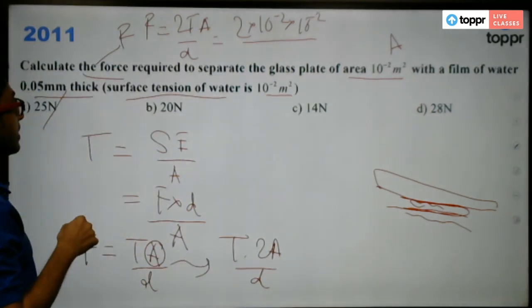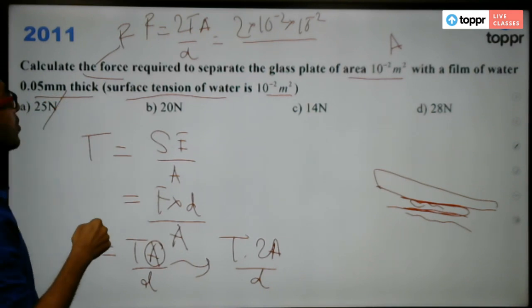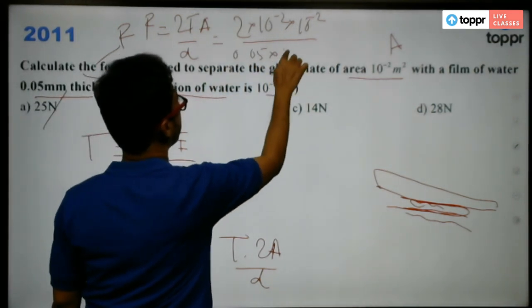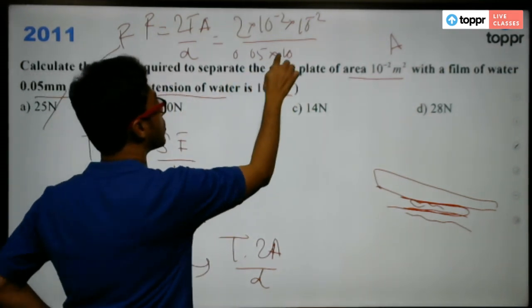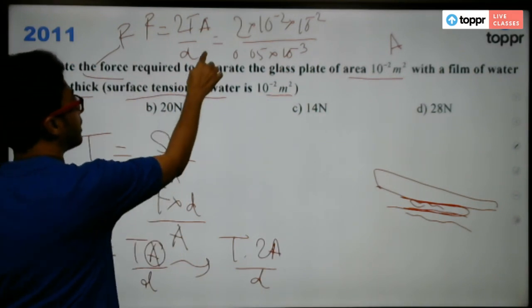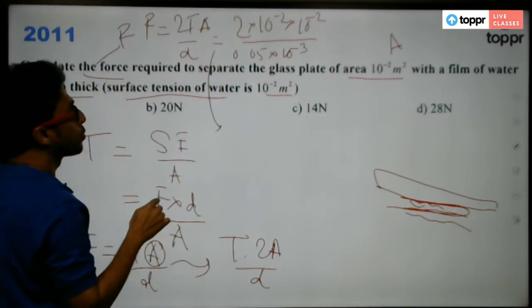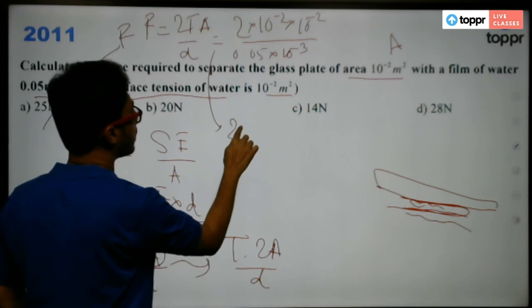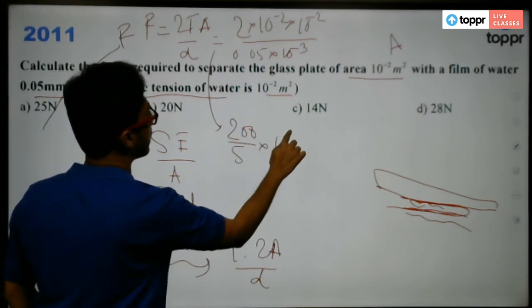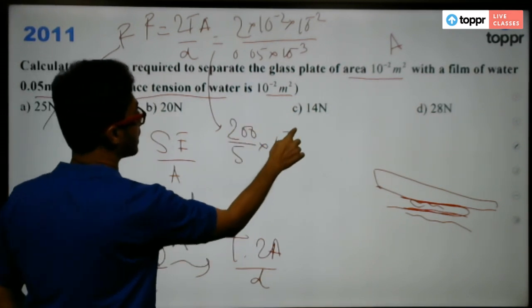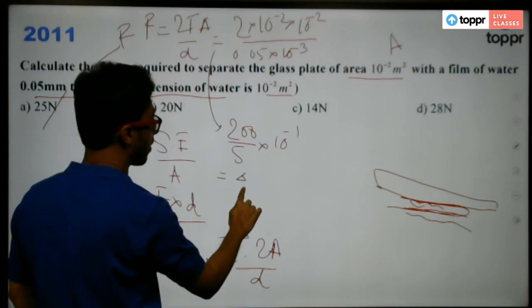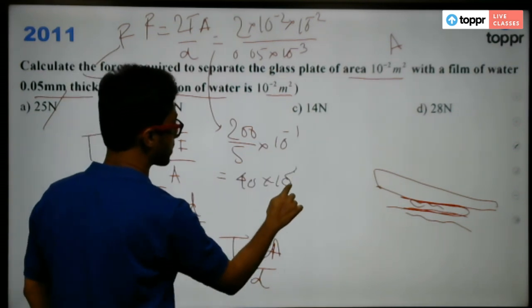And the distance is how much? 0.05 millimeter. 0.05 millimeter is how much? 10 to the minus 3. Right? So it becomes 2 into 0.05. You can write 200 by 5. This is 10 to the power minus 1. So 200 by 5, it is 40 into 10 to the power minus 1.